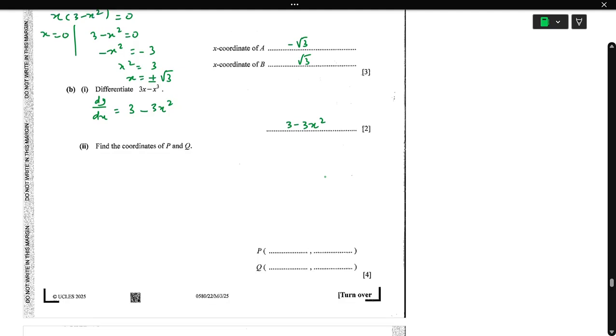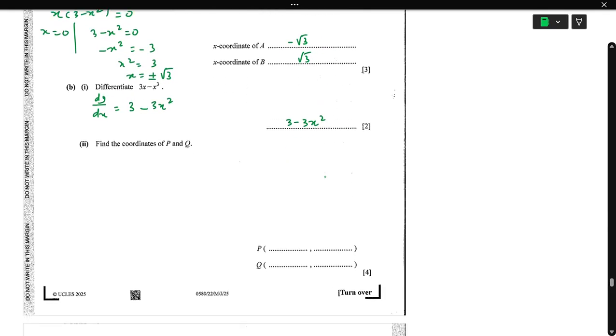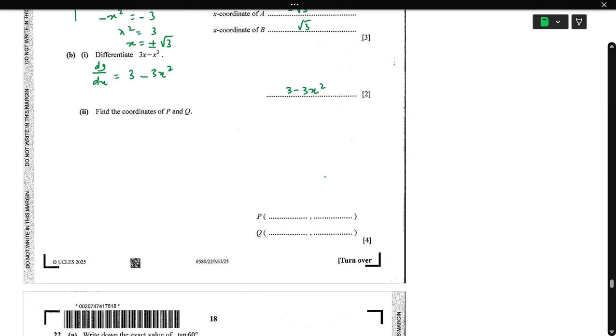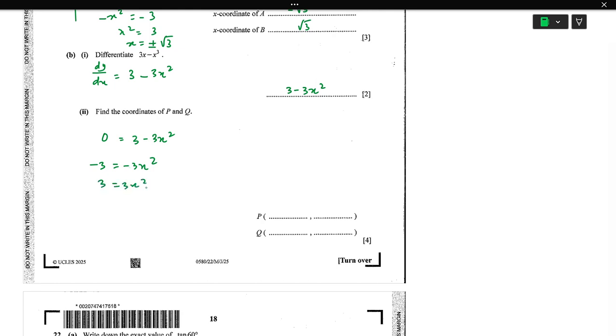Next, to find the coordinates of P and Q, the gradient at a turning point is 0, so dy by dx equal to 0. So 3 minus 3x square equal to 0, so 3 equal to 3x square, so 3 by 3 equal to x square, which is x square equal to 1.